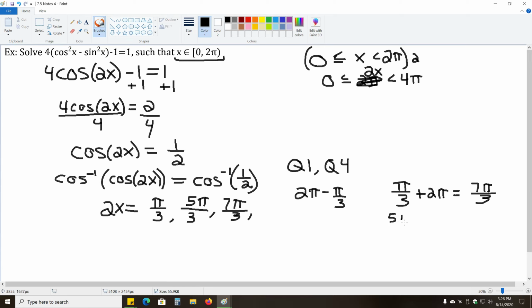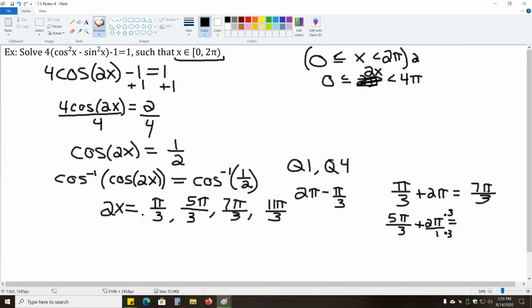And 5 pi over 3 plus 2 pi is the same thing as 5 pi over 3 plus 6 pi over 3 if you found a common denominator by putting 2 pi over 1 and multiplying the top and bottom by 3, just to show what's going on in this last step. And when we combine those together, we get 11 pi over 3. These are all the values between 0 and 4 pi that solve 2x.